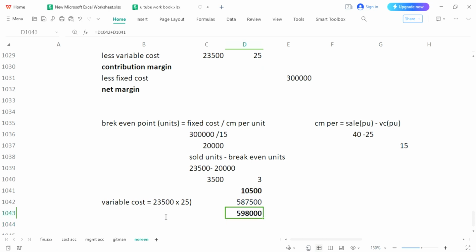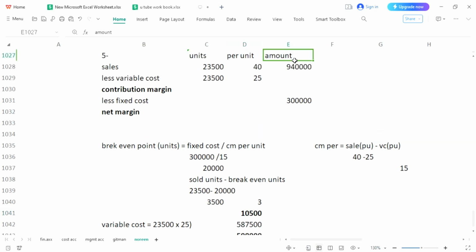I will let you know it again. Look, he was saying $3 would be paid for those units which are more than the break-even point. We have calculated break-even units as 20,000. Right now we are selling 23,500, which means 3,500 extra shirts were sold. For each of these $3 was paid. This is your commission. The variable cost we were already paying was 587,000, and this is the extra commission. So you will write down both.